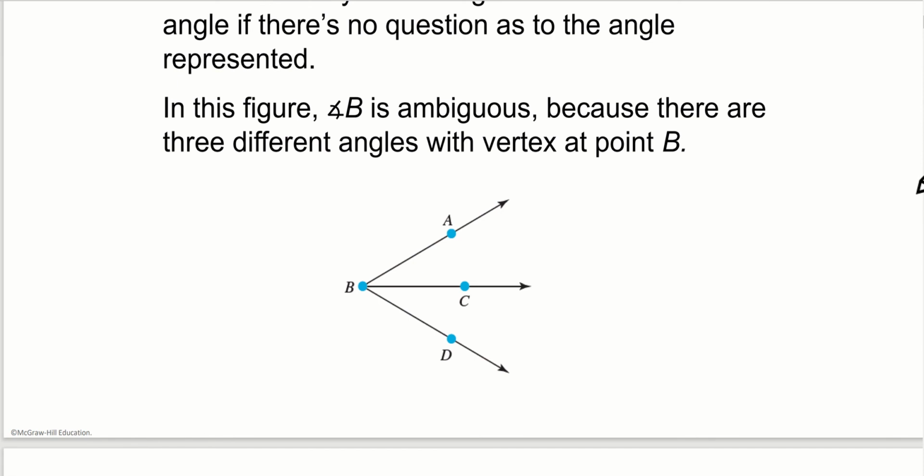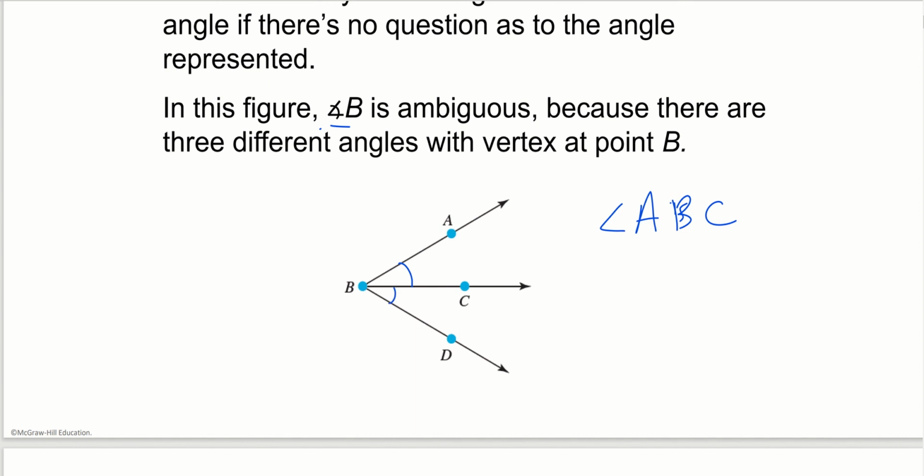For example, if we look at this configuration here, we would want to use one of our naming conventions above because there's three different lines that intersect at B. So if we tried to say angle B in this case, it's really ambiguous because there's three different angles one could talk about. There's this angle here, which I could label, for example, as angle ABC.